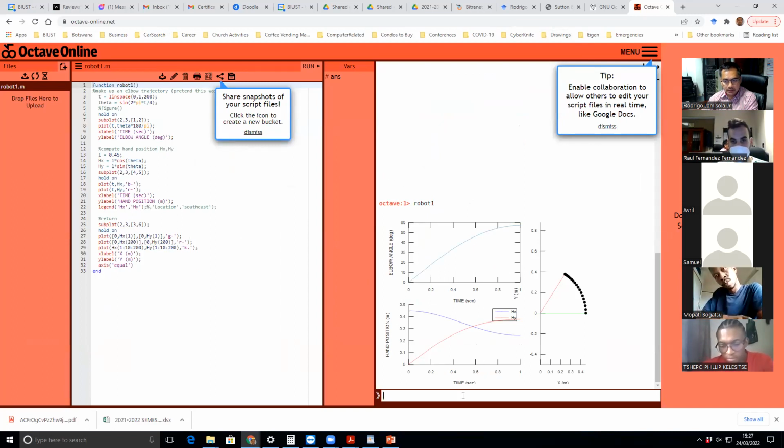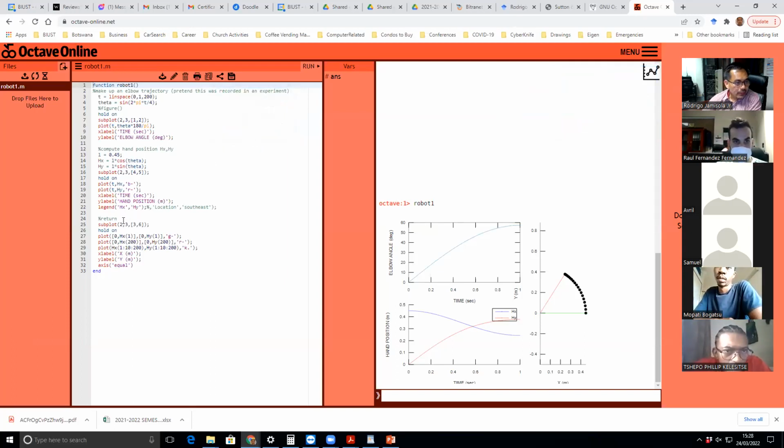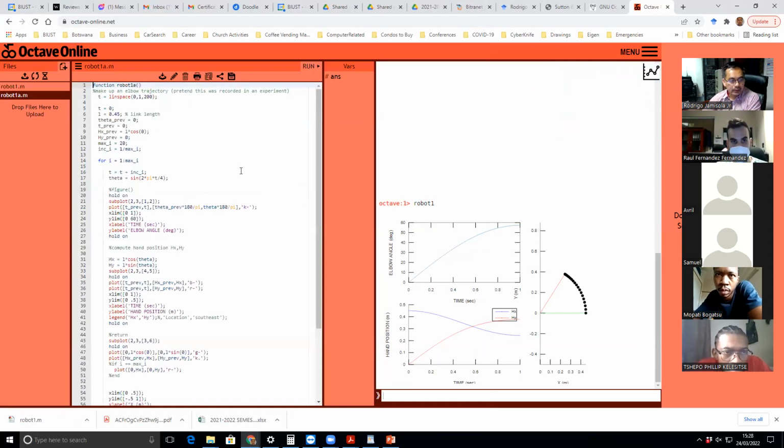It doesn't... So this is my code, which I thought I had put a pause in. Yeah, probably I need to upload something. Robot 1A. Okay, this robot 1A is the one with the pausing.